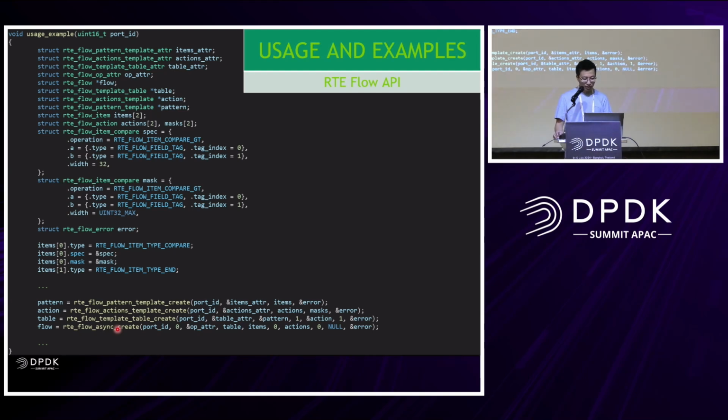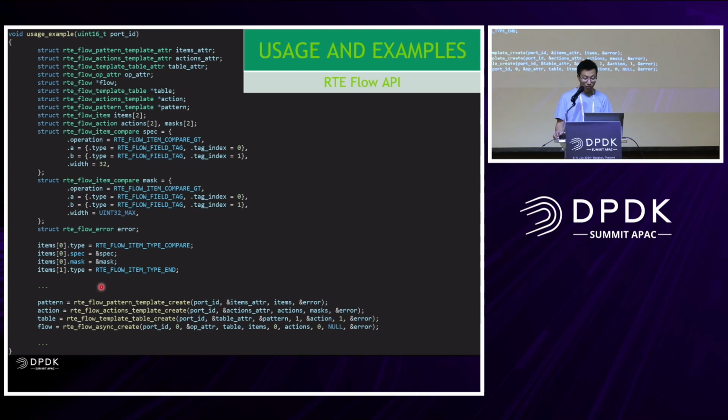Then this is usage and examples. So this is an example with template API for RT flow. Okay, let me try to introduce some background regarding the template API. For now, I'm not sure if you are familiar with the RT flow.h include file or not.